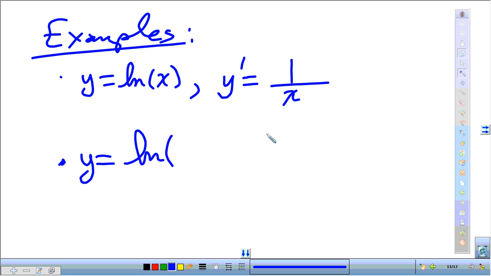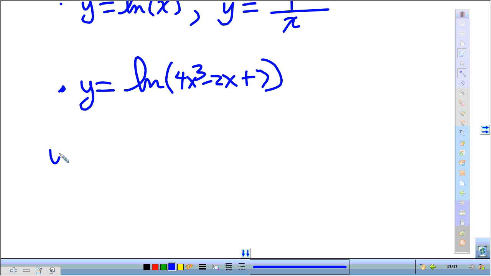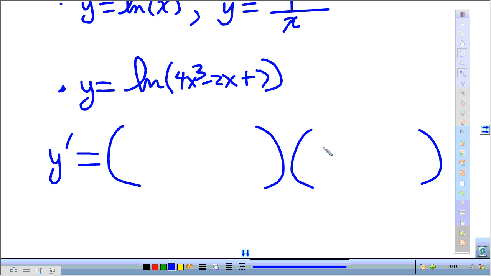If I have a natural log of something more than just an x, maybe 4x cubed minus 2x plus 7, and I want the derivative, this is going to be a chain rule. So it's this product.